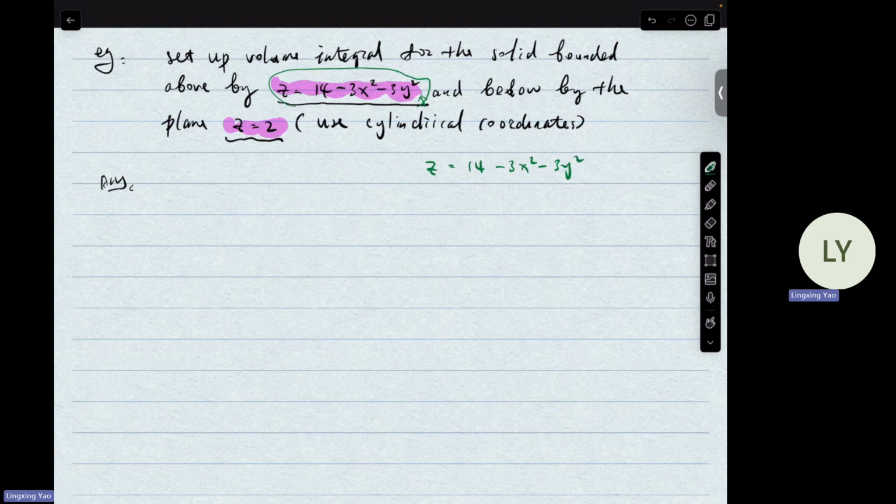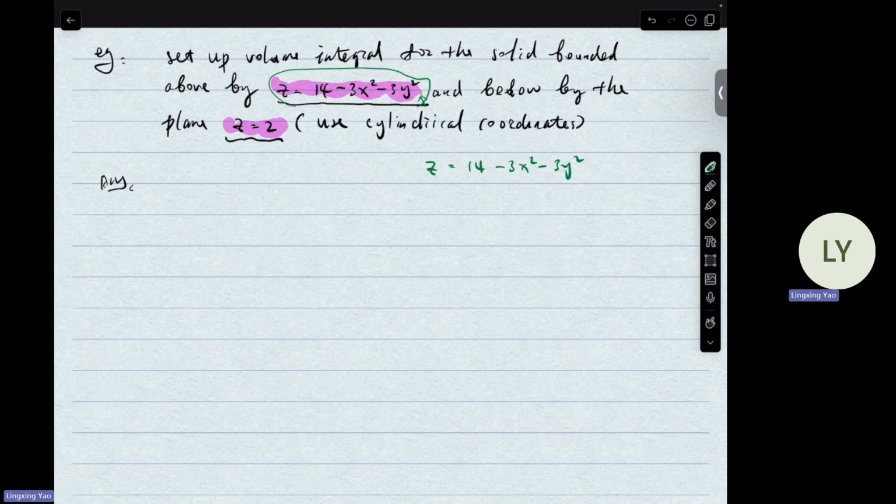When x and y are both 0, z reaches the highest possible value, which is 14, right? And then you would imagine that by adding any value to x and y which are not 0, you will have a smaller and smaller z.